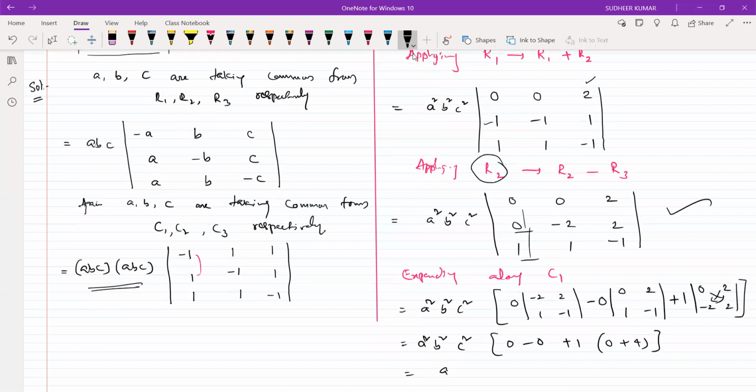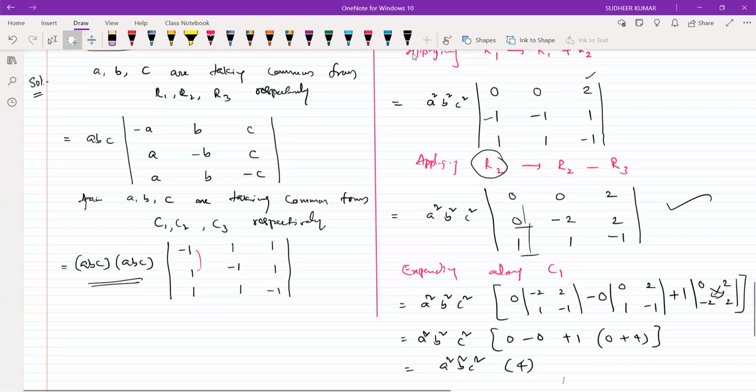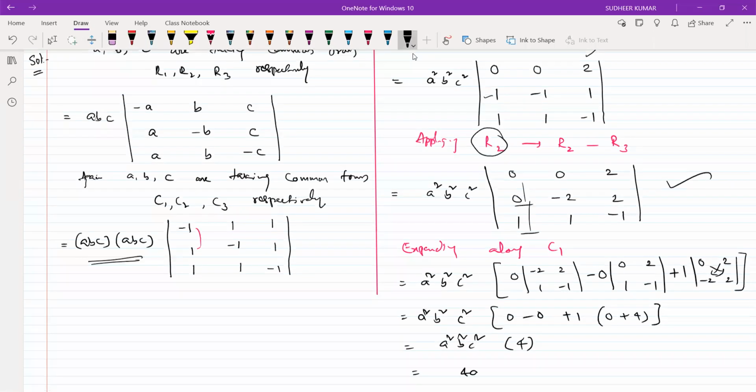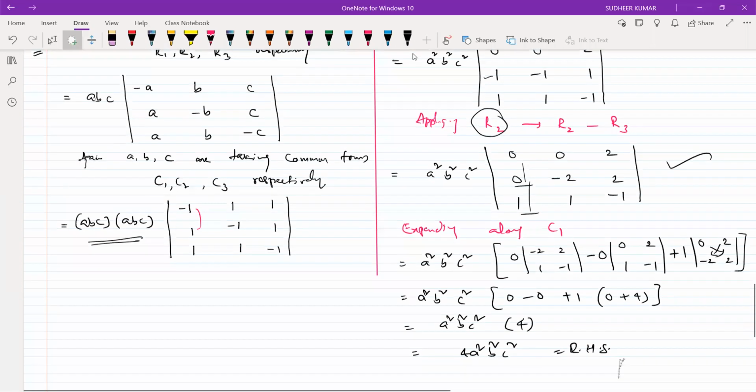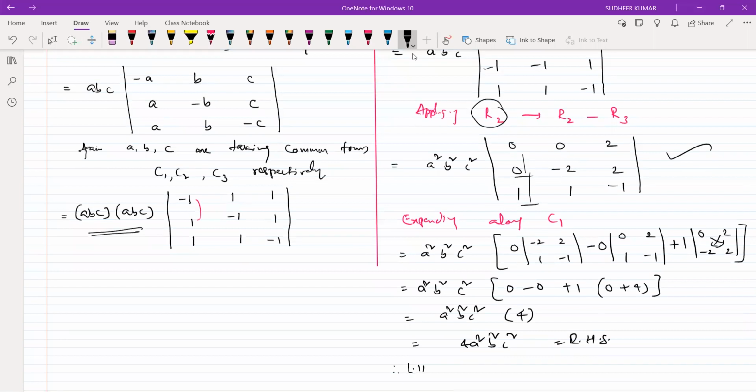So this result is a square, b square, c square into 1 into 4, which is 4. Finally we got 4a square b square c square, equal to RHS. Therefore LHS equals RHS, hence proved.